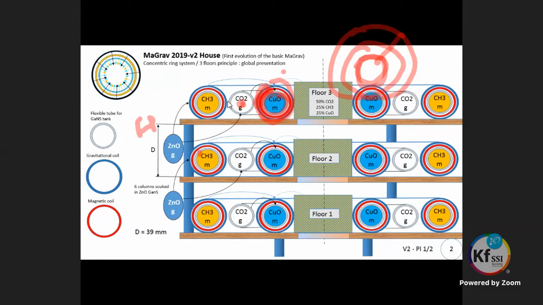Hydrogen, carbon, CO. Yes, so the strength goes up, and the external ring goes down. Is the external ring the same?